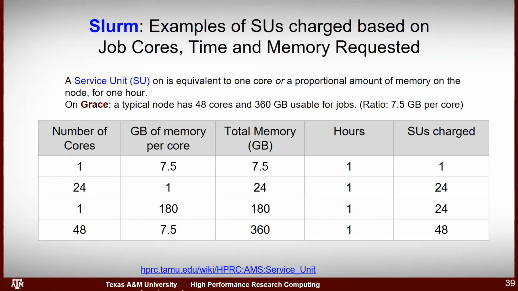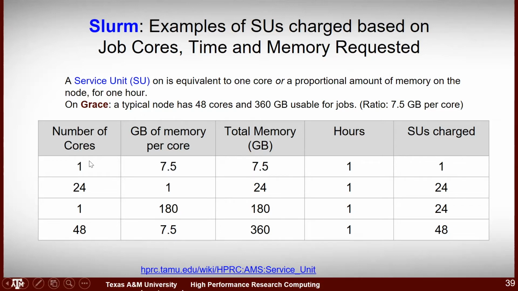So if you're using 7.5 gigabytes, that's the same fraction of the node, so that's also one service unit. This first row here is if you're using one core and 7.5 gigabytes of memory, then you're using 1/48 of the node. And that is one service unit because it corresponds to one core.